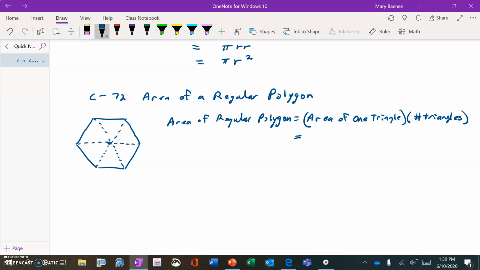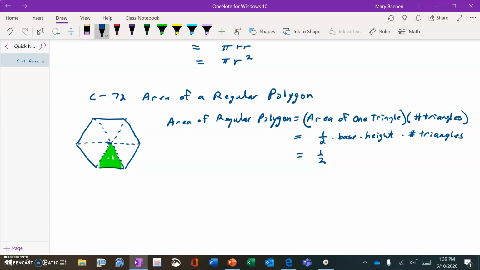The area of one triangle is 1/2 times the base times the height. And then this is going to be times the number of triangles. Okay, so this is 1/2. Now let's go back and look at one of these triangles. So look at this guy right here.